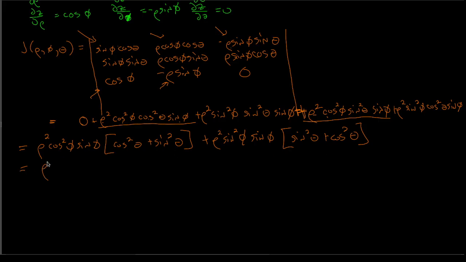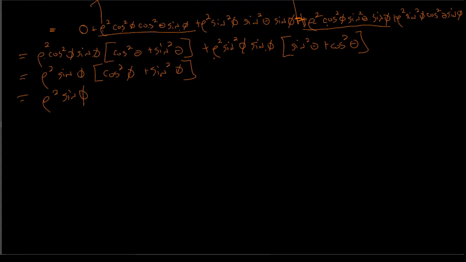So I'm left with rho squared sine phi times cosine squared phi, pull that out front, plus sine squared phi, which is also 1. And so our Jacobian is rho squared sine phi. And that was our transformation element.